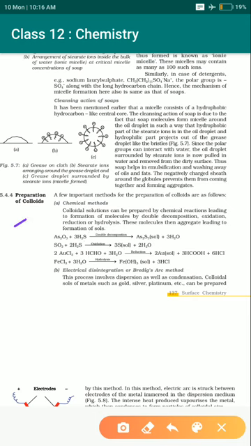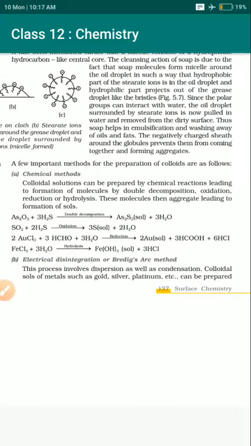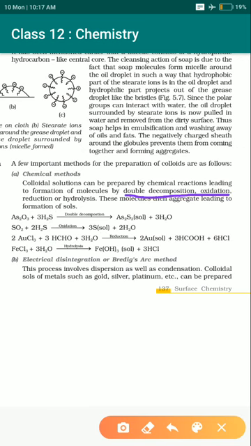The first thing we need to understand is the chemical method. How can you prepare a colloid with the help of a chemical method? This method uses various chemical reactions like double decomposition, oxidation, reduction and hydrolysis. For example, arsenic trioxide mixed with hydrogen sulfide is a double decomposition process.